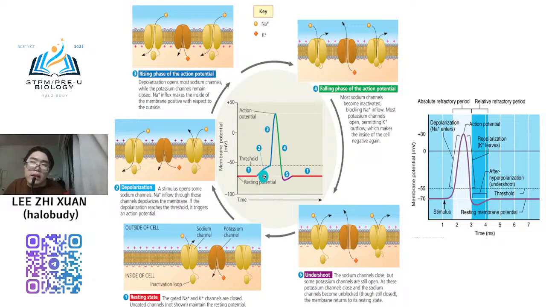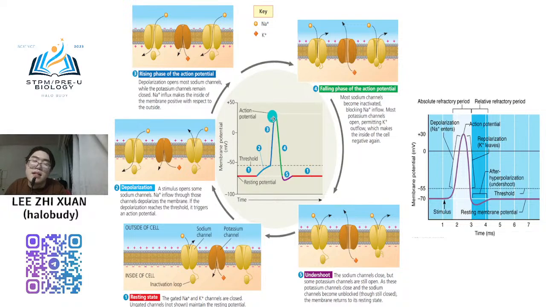When the axon membrane potential increases and reaches the threshold level, it will directly trigger the action potential rising state. When it reaches the threshold level, the action potential is directly triggered.